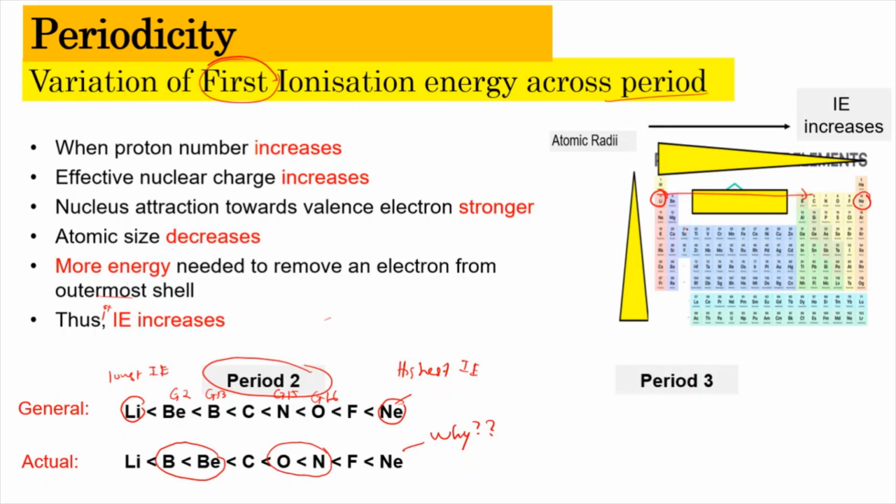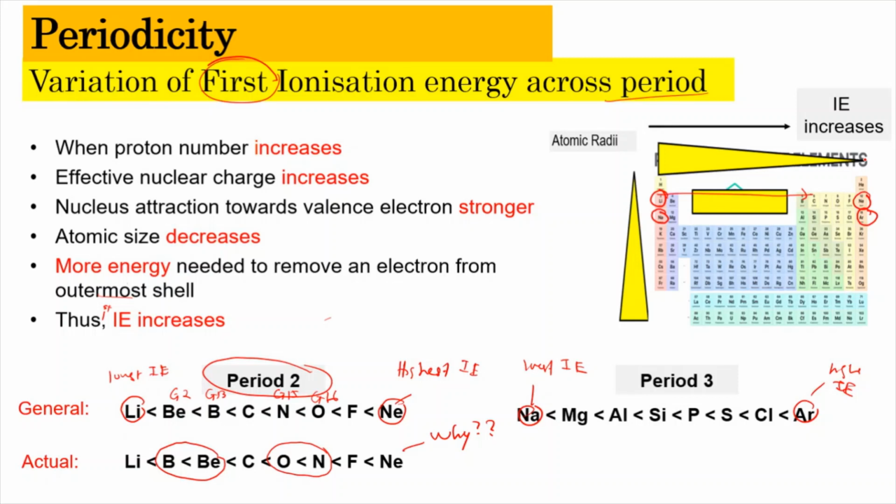Before we answer that, let us look into period 3. Generally, it follows a similar trend. Argon is going to have the highest ionization energy, and sodium the lowest, because argon is the smallest in size.